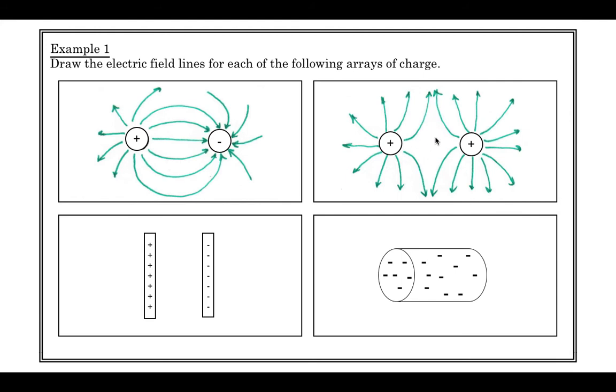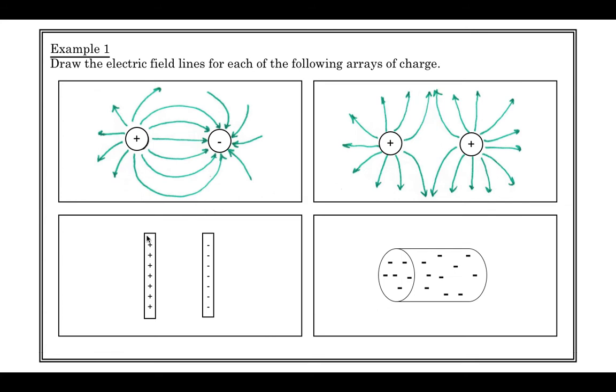Wherever we have an absence of electric field lines, we can have a point of equilibrium. So we could have a test charge that's not affected right in the very center and could be held motionless.